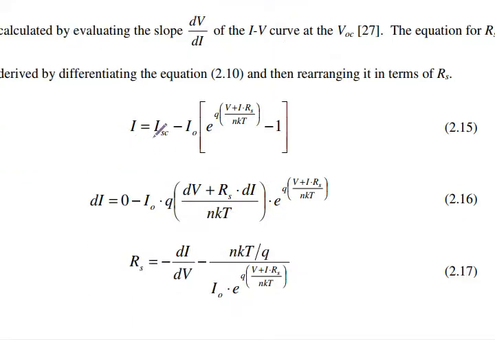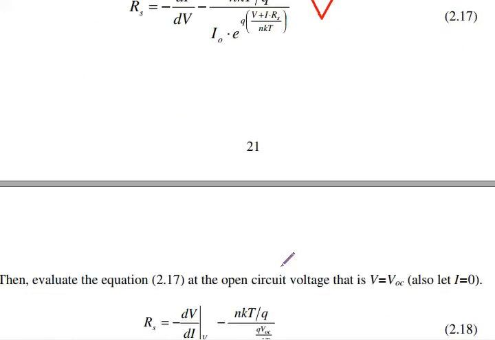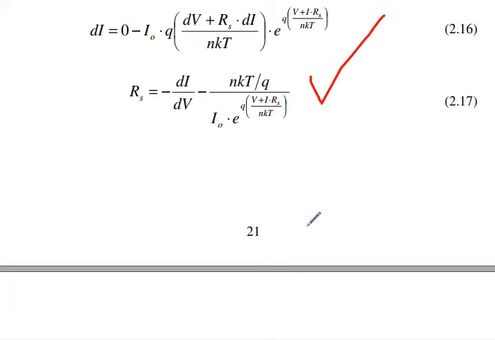So this is the equation. If we take the dV by dI of this equation and rearrange, then R_S will be equal to dV by dI minus this relationship. R_S is also present there, and we can evaluate this at open circuit voltage.